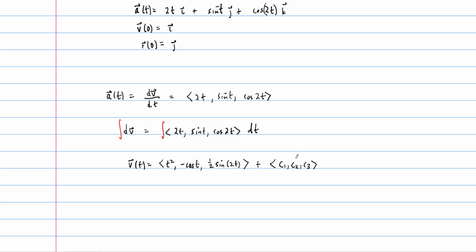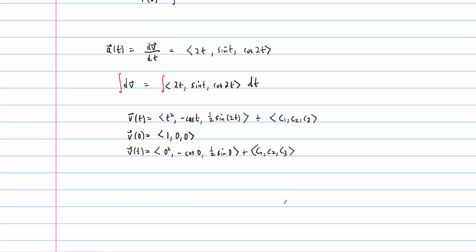Now, how can we deal with this vector of unknown constants? We need to plug in our initial condition. We know that v of 0 is equal to the vector i, which in component form is 1, 0, 0. That's our given information. On the other hand, plugging into the vector function we just found, we get 0 squared, minus cosine of 0, 1/2 sine of 0, plus c1, c2, c3.